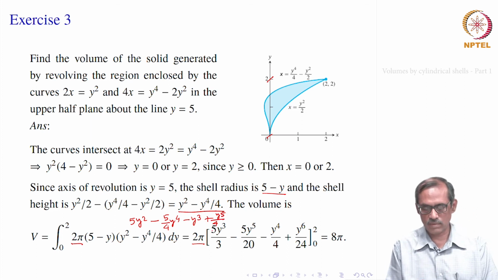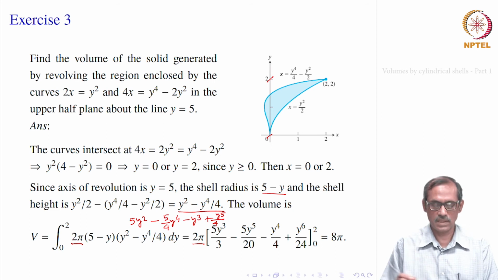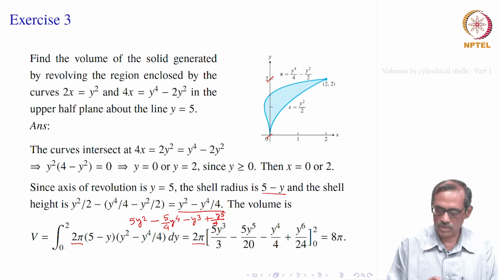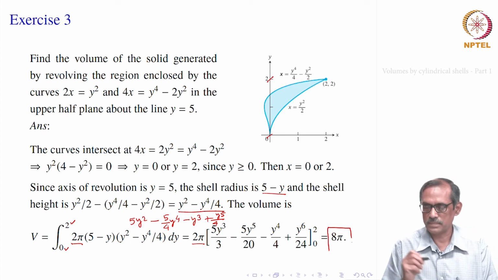So, once you integrate, you get 5 y cubed by 3. Next one is 5 by 4 into y fifth by 5, so 5 by 20 y fifth, and next is minus y fourth by 4. Next, y fifth by 4 gives y sixth by 24, right. This is to be evaluated at 0 and 2, subtracted out, and that simplifies to 8 times pi.